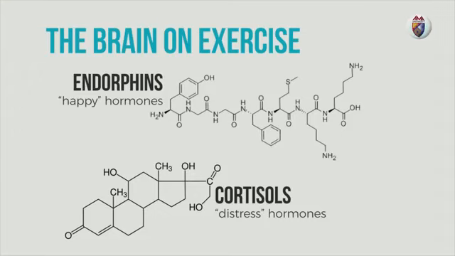Endorphins are usually known as the happy hormones, while cortisols are known as the distress hormones. Basically, when you are elated, happy, and enthusiastic, your brain sends signals to your central nervous system, these feelings, and it manifests in your external environment through a smile, a giggle, or a laugh. Cortisols, on the other hand, are produced within the adrenal glands, the glands located on top of your kidneys.